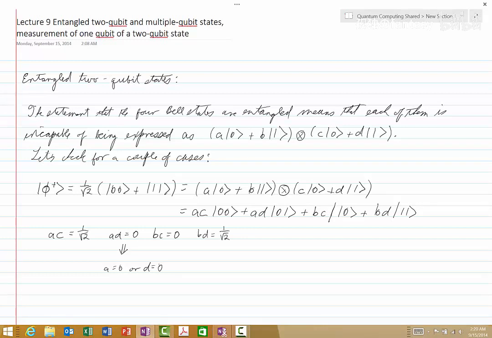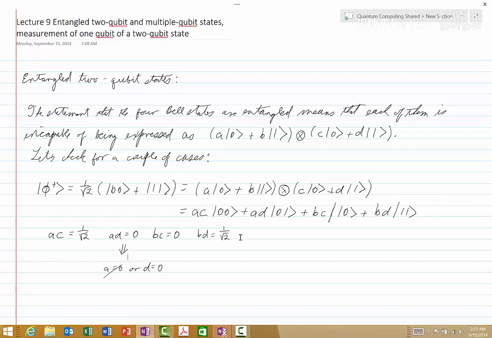But if A is equal to 0, then the first equation couldn't possibly be true, because 0 times C would be 0, but A times C must be 1 over square root of 2. So that eliminates the possibility that A is equal to 0, so we'll cross that out. And now we must conclude that D is equal to 0, but D equal to 0 contradicts the last equation, BD equal to 1 over square root of 2.